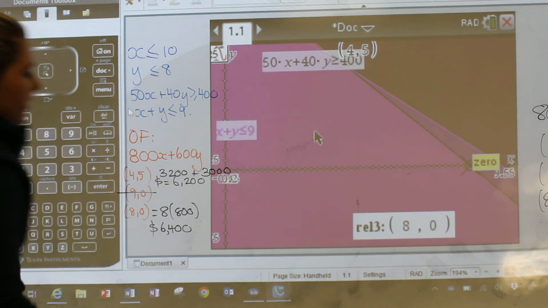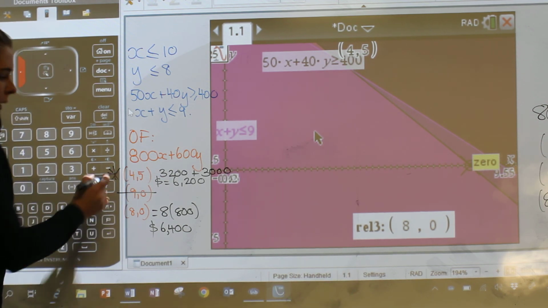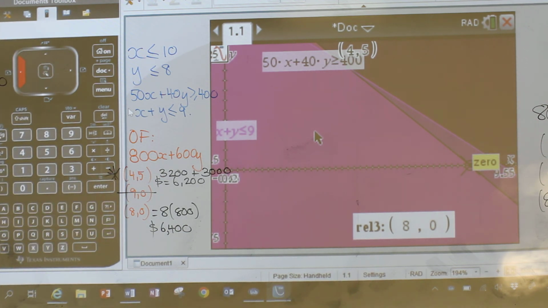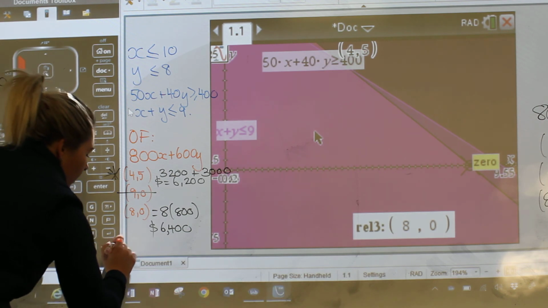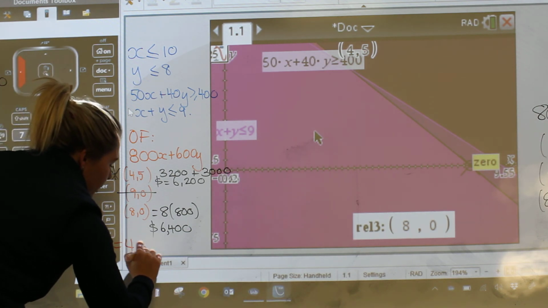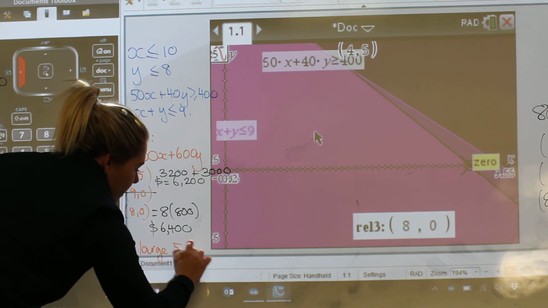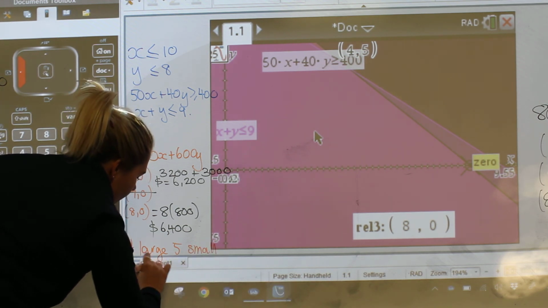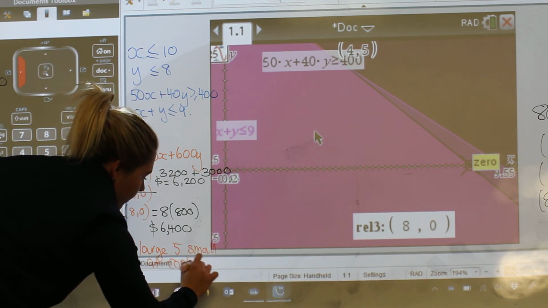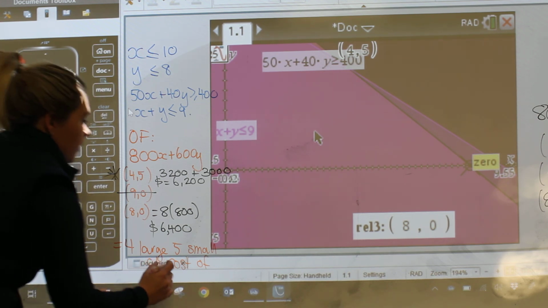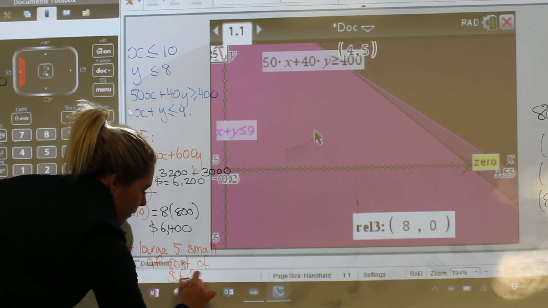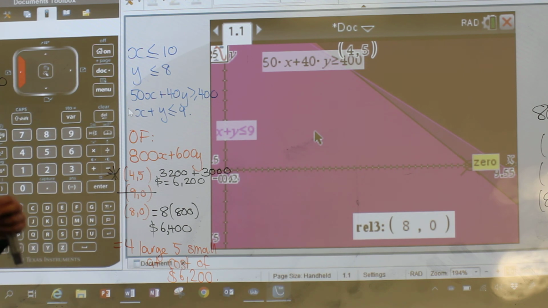So my cost is the lowest, this one here. 4 large buses and 5 small buses is my answer. So 4 large and 5 small at a cost of $6,200. That is your answer, okay?